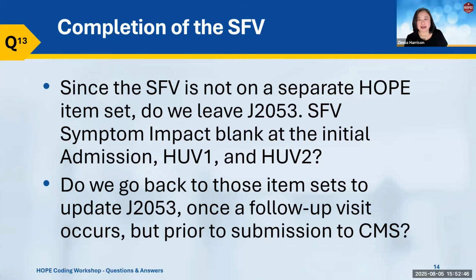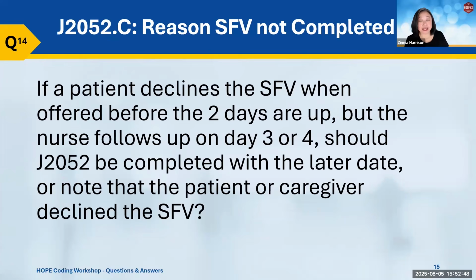Okay, great. All right, Terry, I'm going to ask you this one. If a patient declines the SFV when offered before 2 days are up, but the nurse follows up on day 3 or 4, should J2052 be completed with the later date or note that the patient or caregiver declined the SFV?